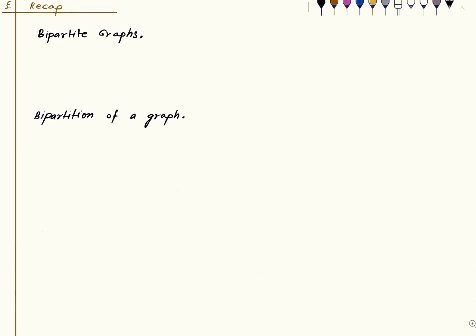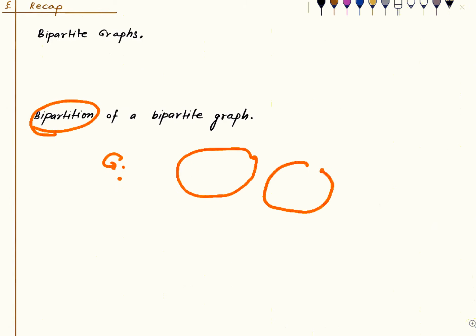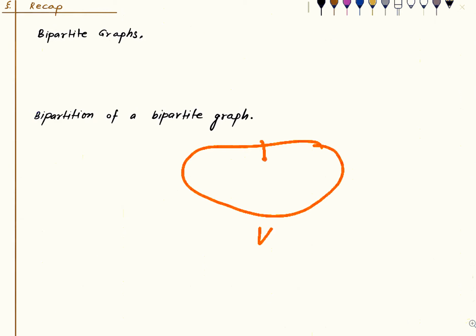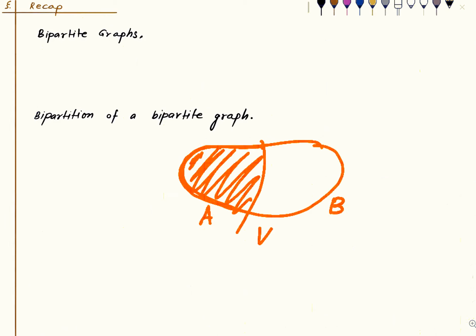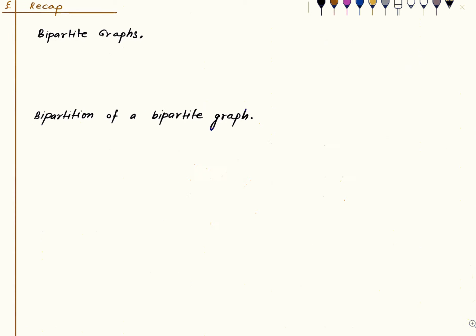What is a bipartition of a bipartite graph? Given a bipartite graph G, a bipartition of G is a partition of the vertex set into two parts, A and B, such that any edge has one endpoint in A and the other endpoint in B. So basically, a bipartition of a bipartite graph witnesses the bipartiteness of the graph.